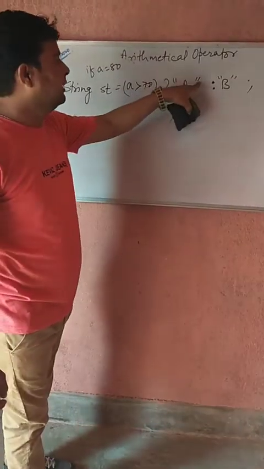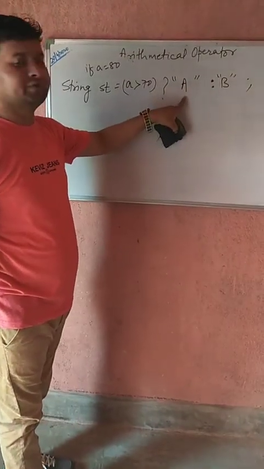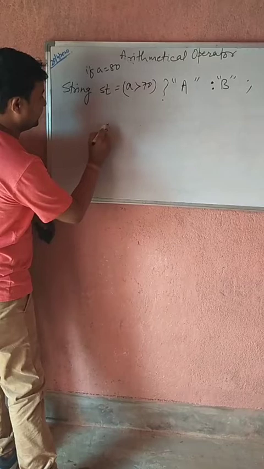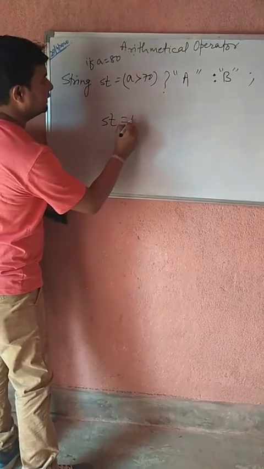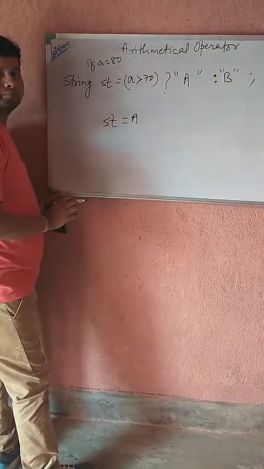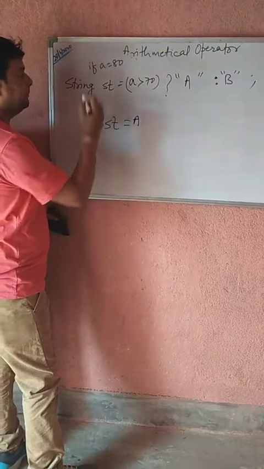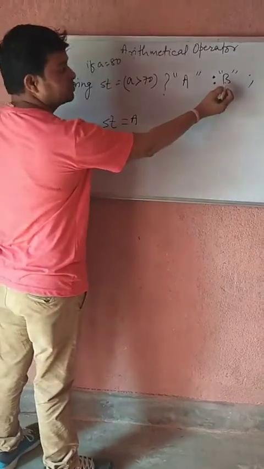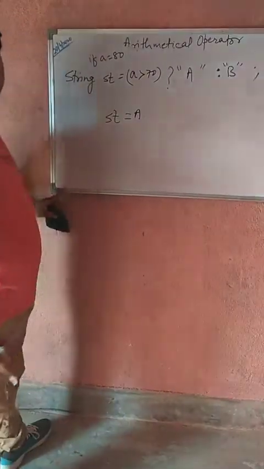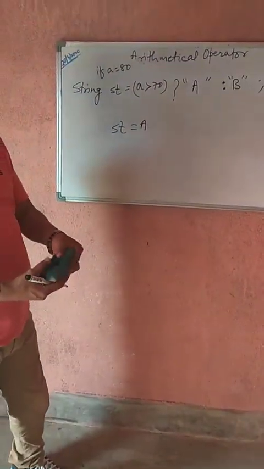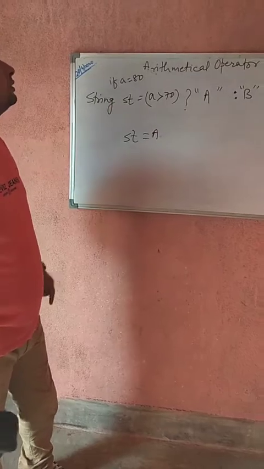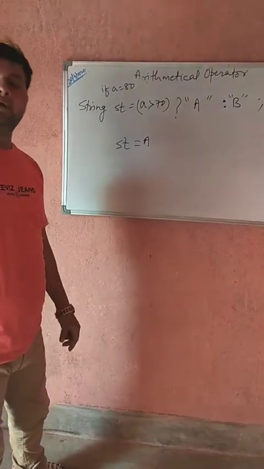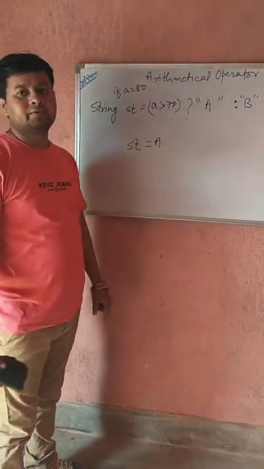A. Within double quotes I have kept it, it means this is a string. It means this st variable will get A. Okay? But if it is false, in that case it will store this one. Okay? This is the binary operator and the ternary operator ends here. Bye.